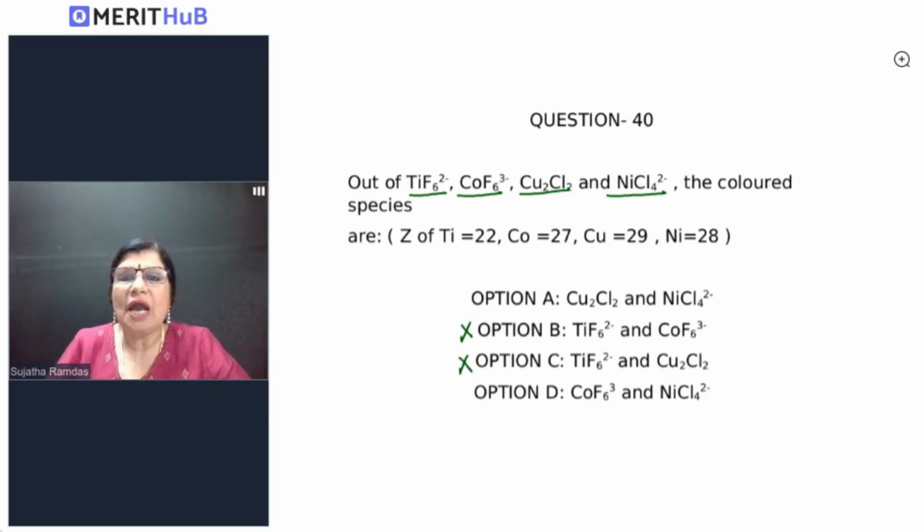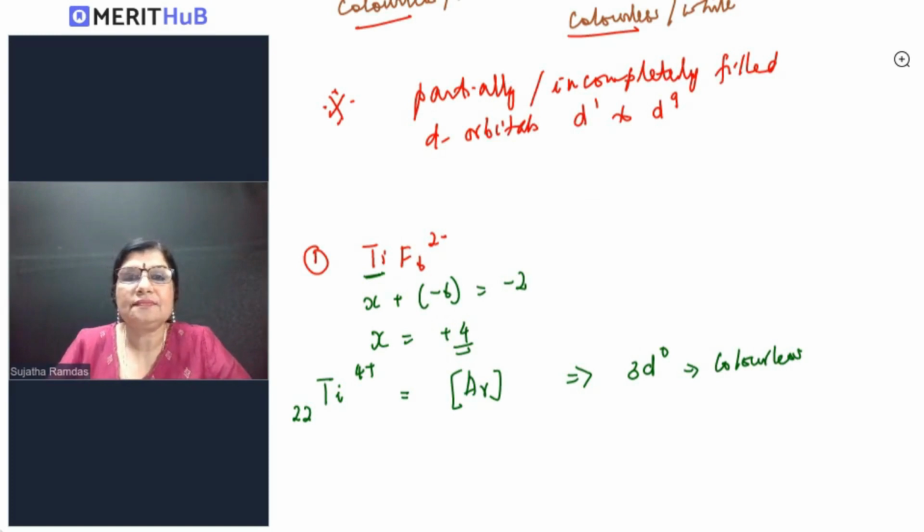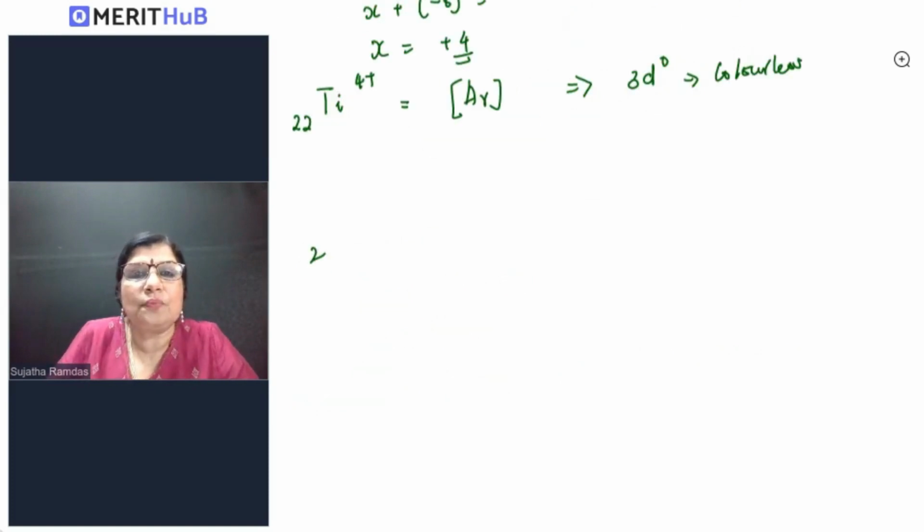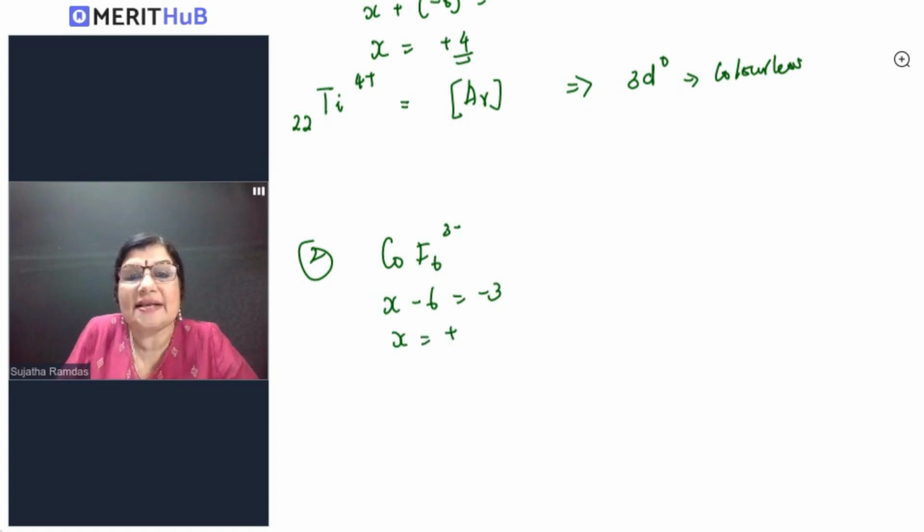All right. Now let's focus on the cobalt hexafluoride ion, number 2, CoF6 3-. Cobalt is X, -6 is equal to -3, X is equal to +3, right? So the oxidation state of cobalt is +3.